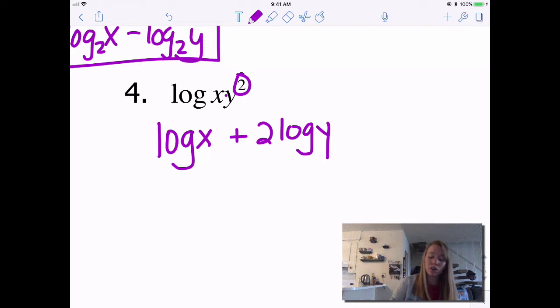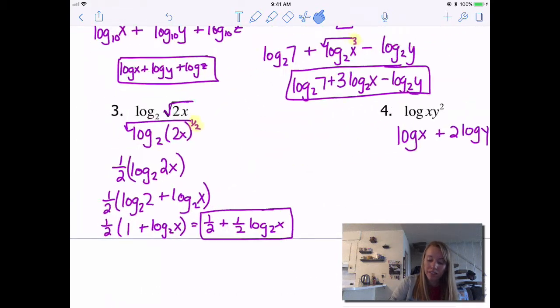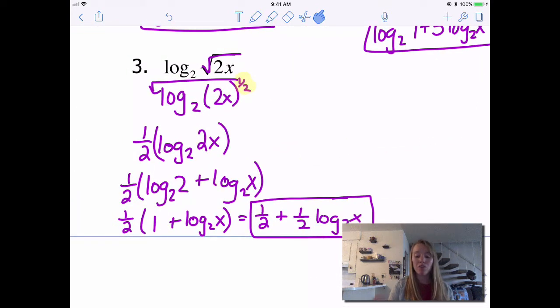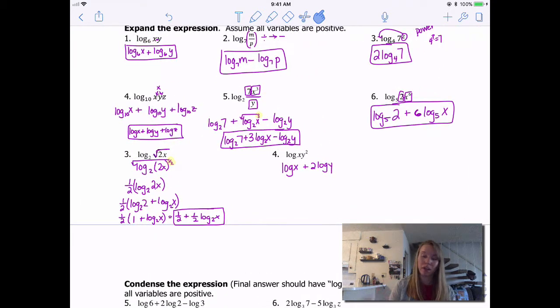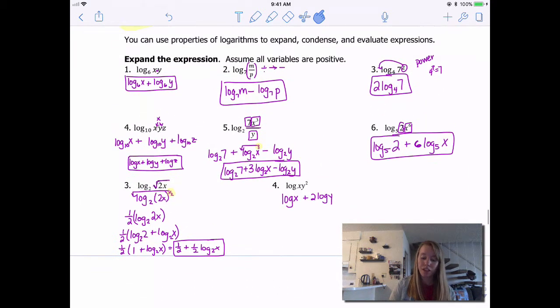My 2 had to go in front of my log y. Notice on this one, I don't have parentheses around my x and y, so the 2 doesn't go to each piece, it just goes with the y. Whereas on this one, my 1/2 was around the entire 2x, so I could kind of look at that first before splitting it up. So that's expanding.